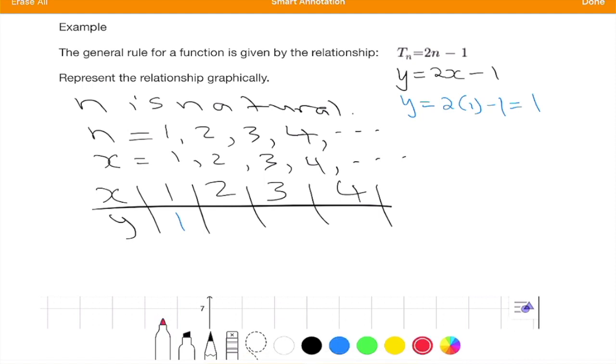What about when x is 2? Now x is equal to 2. If you simplify that, you should get 3. And when x is equal to 3, we should get an answer of 5.